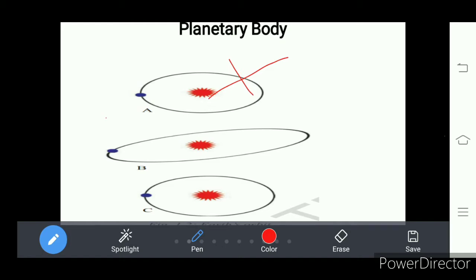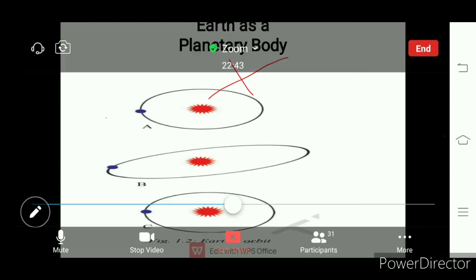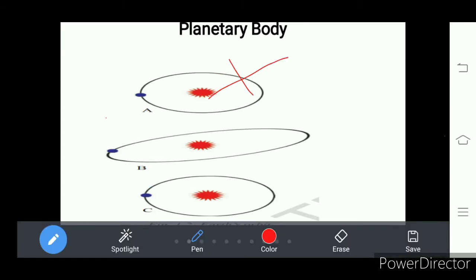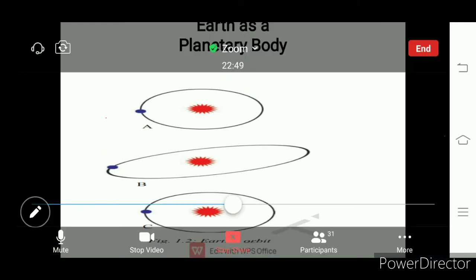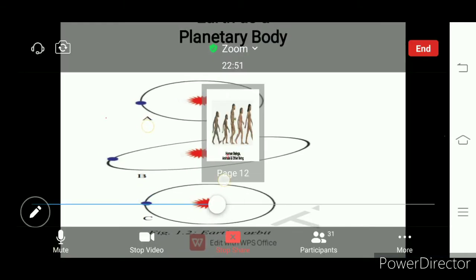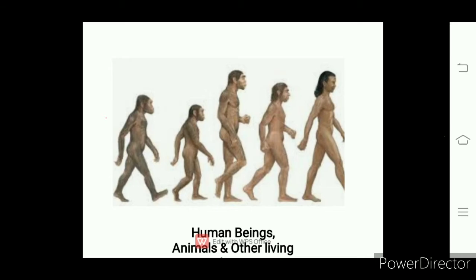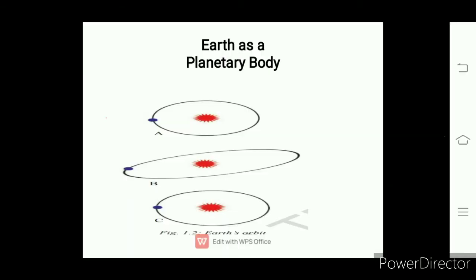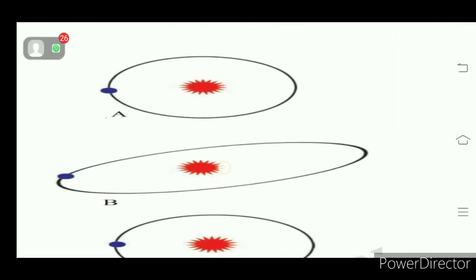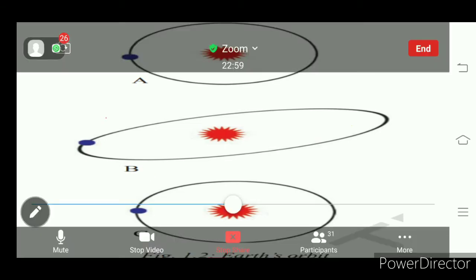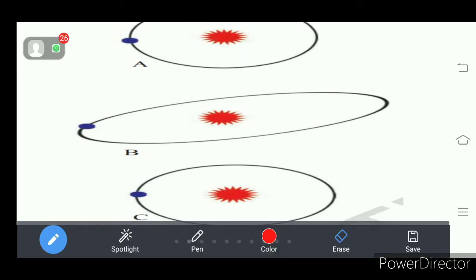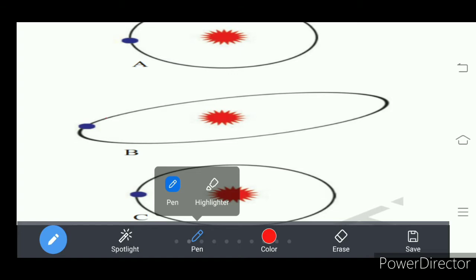Then the second one, which is shown in B. It shows that the Earth's orbit is an elongated oval path. Look at here. This is the elongated oval path. How is the orbit of the Earth?